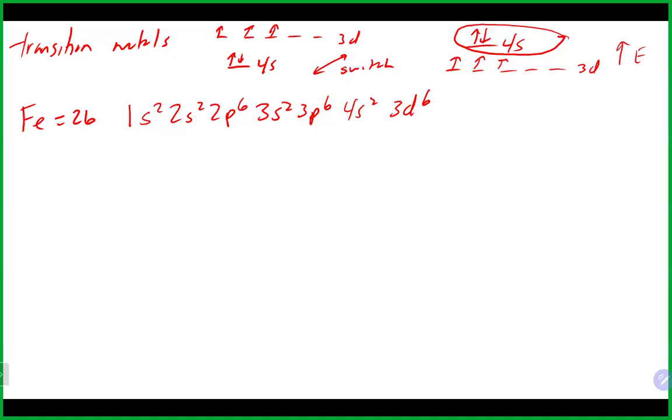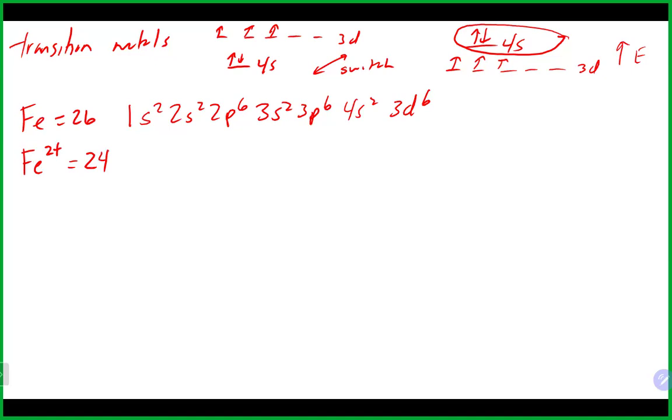Now, when something like iron loses a couple of electrons, as we know, it can become iron +2. Again, the +2 means that it has lost 2 electrons. So instead of 26 electrons, iron with a +2 charge will actually have 24 electrons.